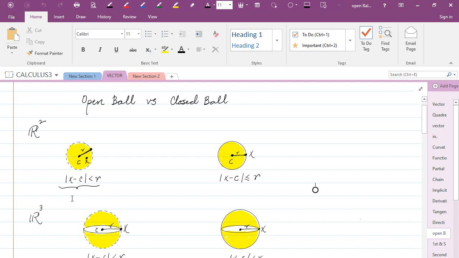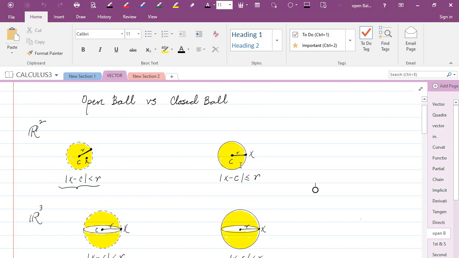So this inequality right here is the set of all points x such that the distance from x to the center C is less than r. So this is giving us a disk of radius r centered at C without the boundary circle. This is called an open ball in R2.